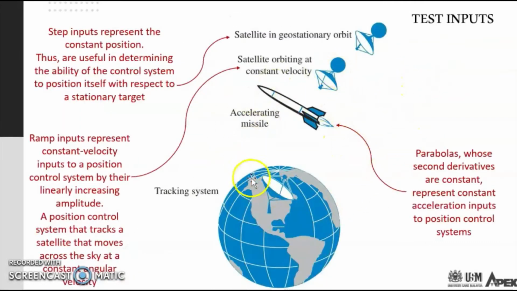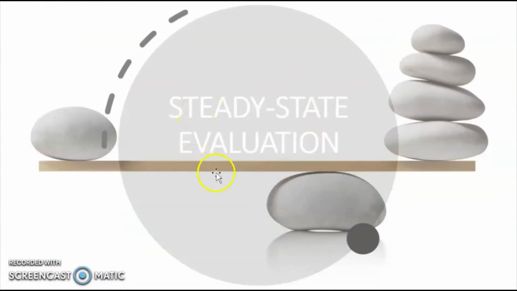If we want to design a tracking system and identify whether it can detect all of these targets, you put in those step inputs, ramp inputs, and parabolic inputs, and then we evaluate the steady state.